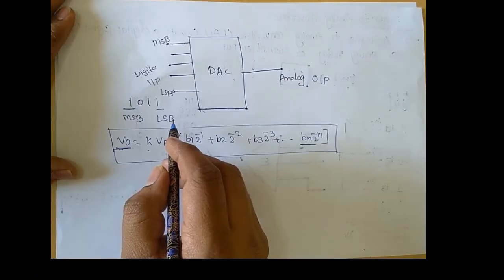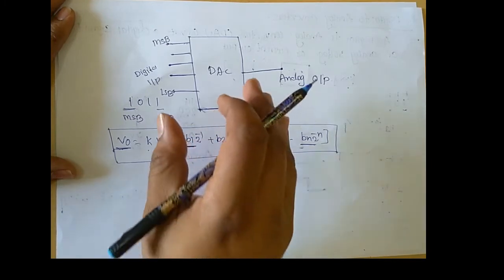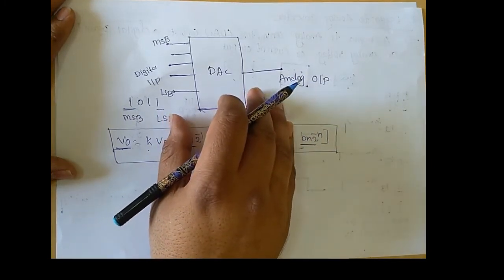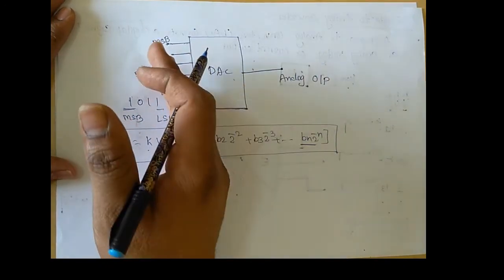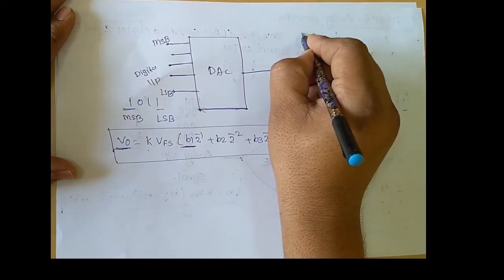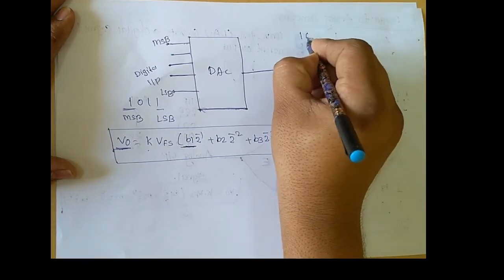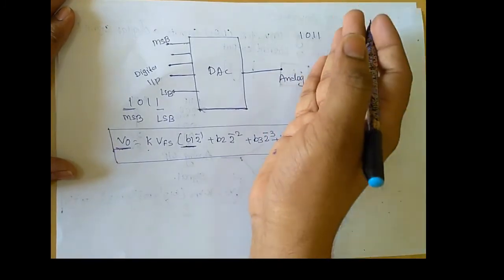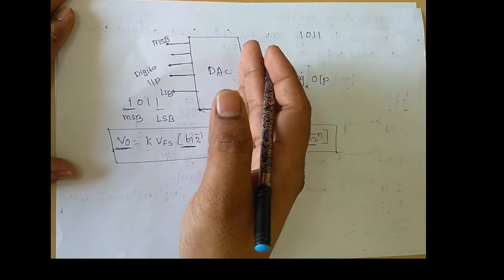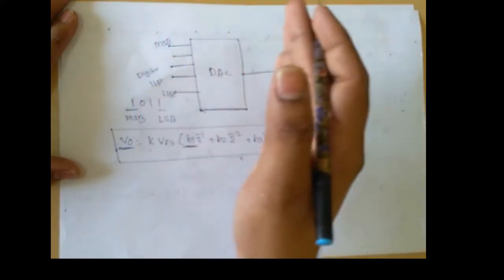Now we are discussing the schematic symbol representation of the digital to analog converter. Here we give the input signal as a digital bit word. For example, assume the digital input signal is 1011. This signal is given to the input of the converter, and the converter converts the signal from digital form to analog form.